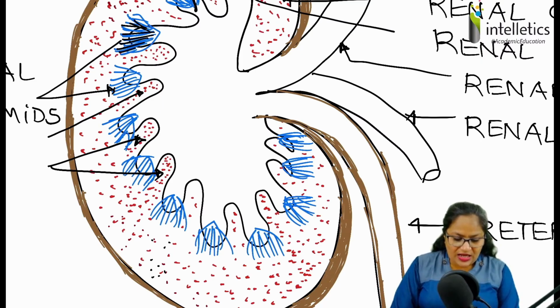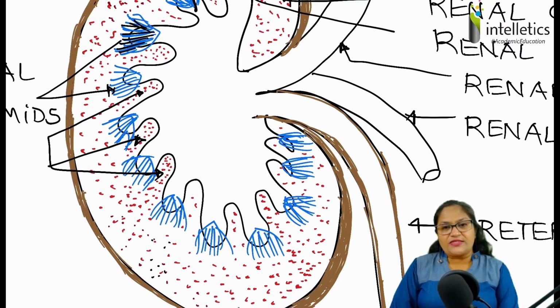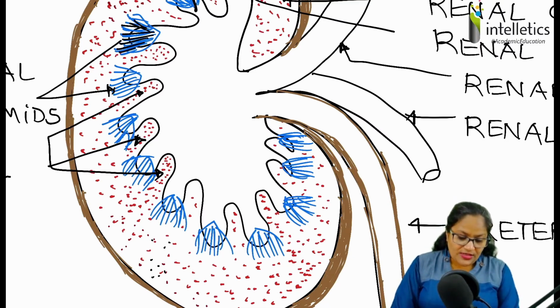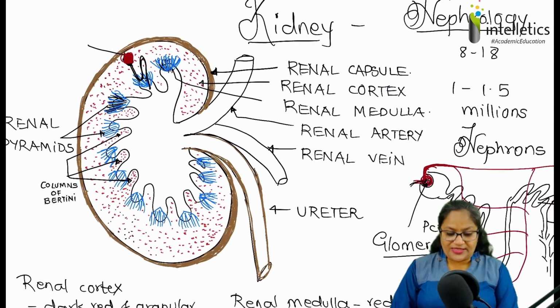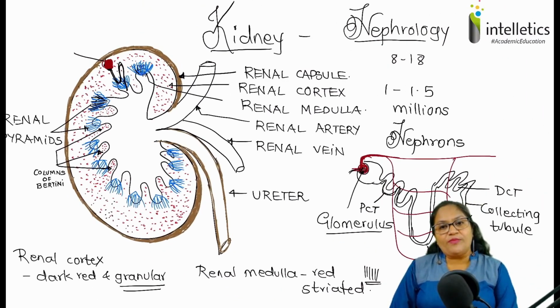So these are nothing but the parts of the renal cortex that enter between the renal pyramids and separate them from each other, and these are called the columns of Bertini. So friends, a column of Bertini is nothing but that part of the renal cortex that enters into the renal medulla and separates the renal pyramids from each other.